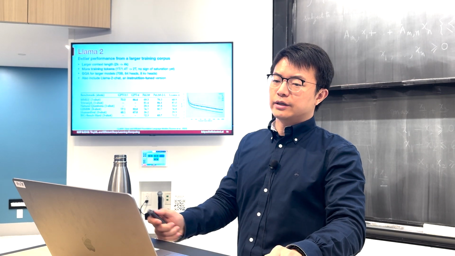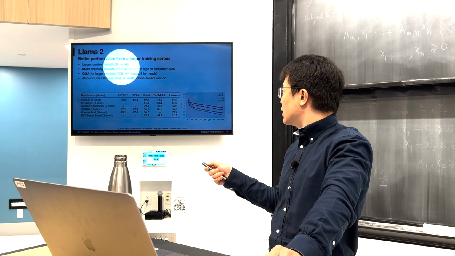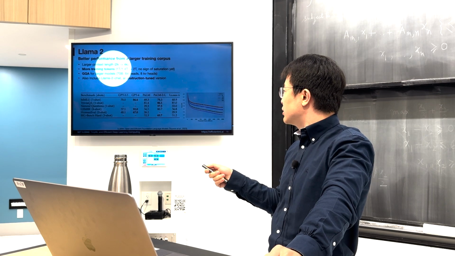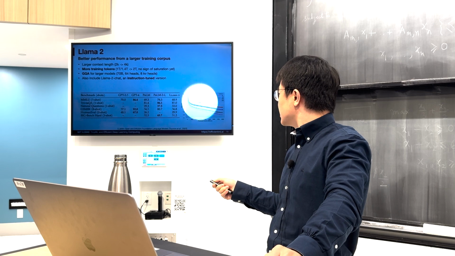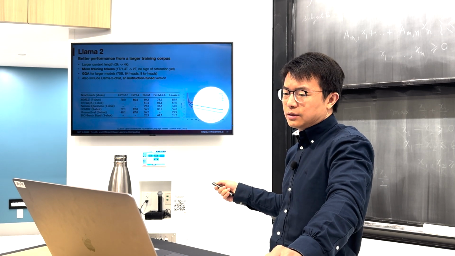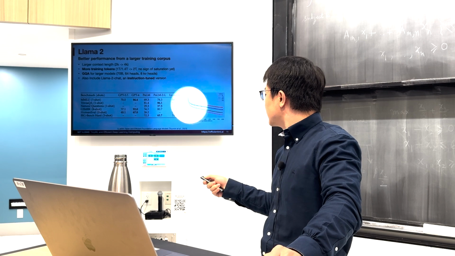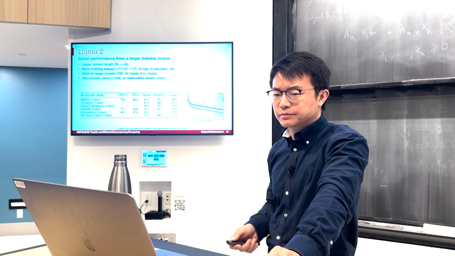And later, they built Llama 2, which extended the context length from 2K to 4K. Also the training tokens increased from about 1 trillion to 2 trillion tokens. And still, the performance has not saturated. If you keep training, the perplexity will keep decreasing.